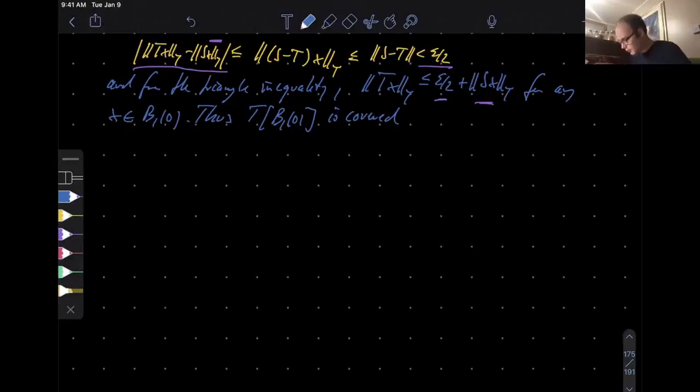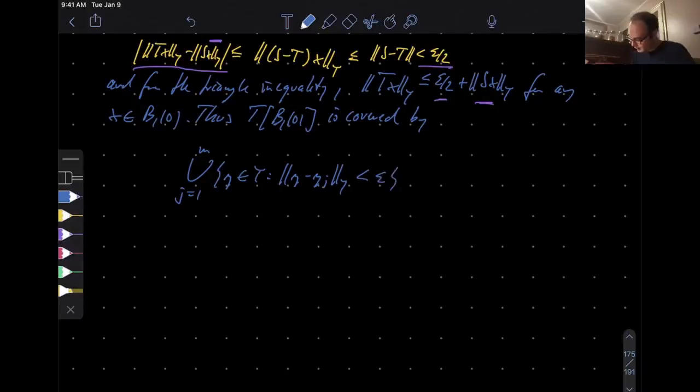Thus it is covered by this union, j from 1 to m, of y in Y with y minus yj in Y, and now the radius has doubled, as I just said.